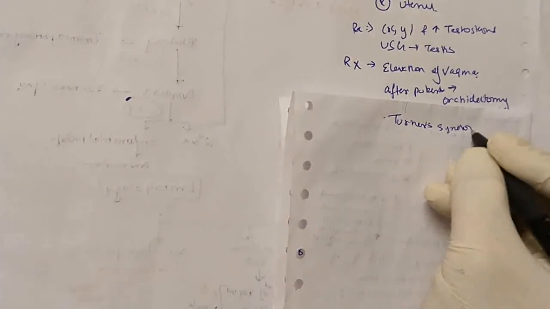Now we'll talk about Turner syndrome. The pathology is that the patient has streak ovaries.